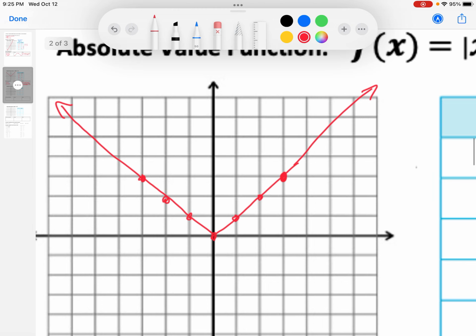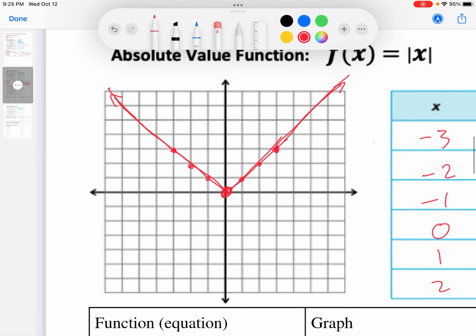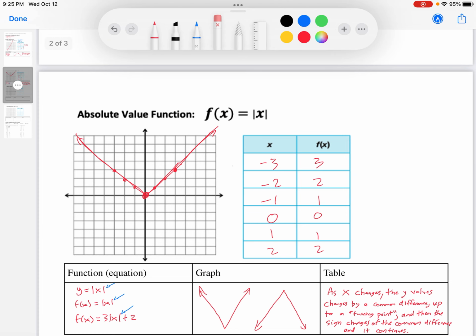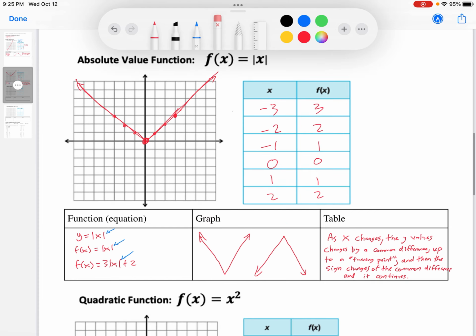If you look at our graph, that makes a whole lot of sense, because as you come down the left-hand side, it's decreasing by a common difference. You hit this turning point right there, and then it starts increasing by a common difference. Basically the same common difference, just positive instead of negative. Or if you had an absolute value function that was flipped, it would be the exact opposite. You would be going up by a positive amount, and then decreasing, so a negative amount. In any event, that's what you are looking for in an absolute value function.